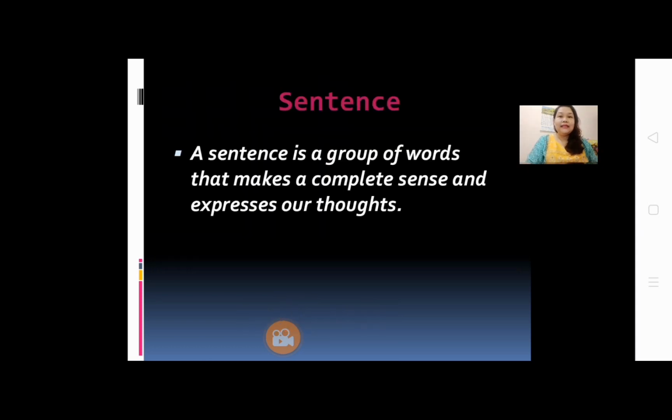So, a sentence is a group of words that makes complete sense and expresses our thoughts. Remember that a sentence always starts with a capital letter and ends with a full stop or a question mark or a mark of exclamation.